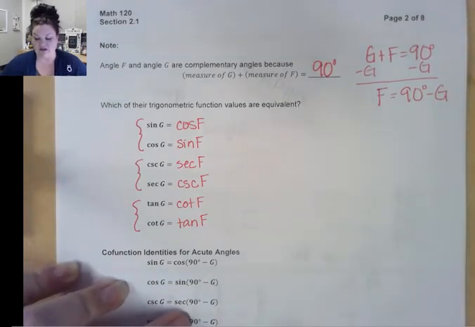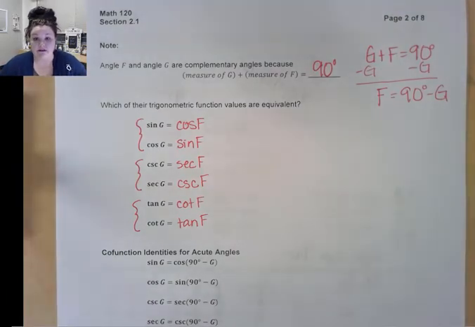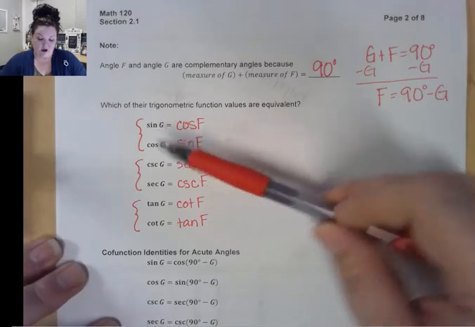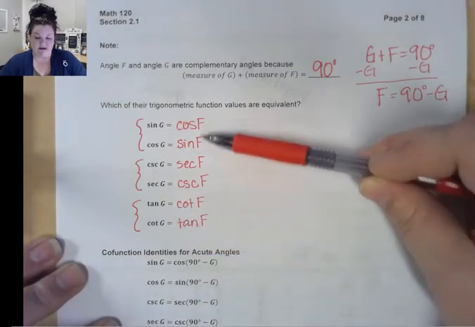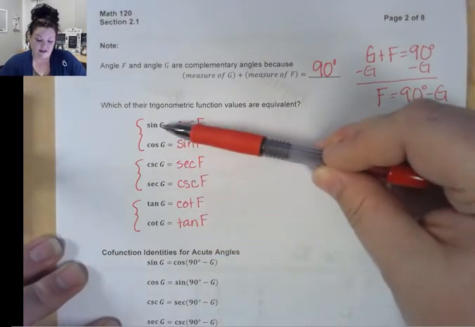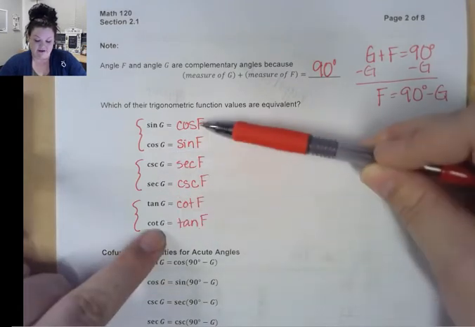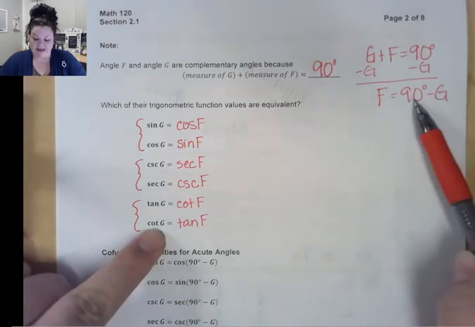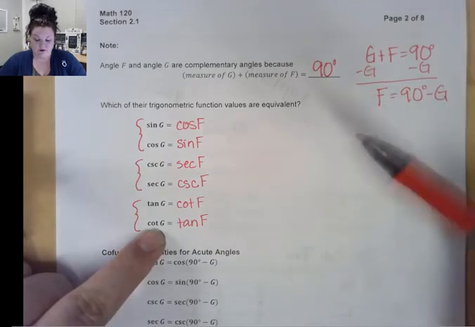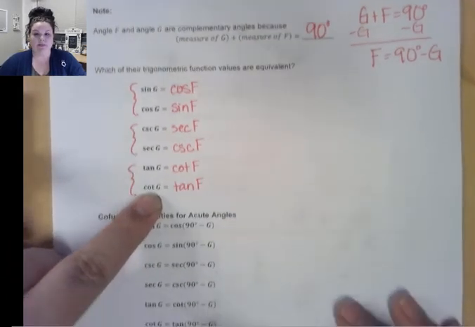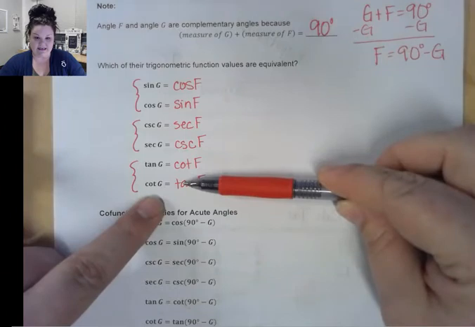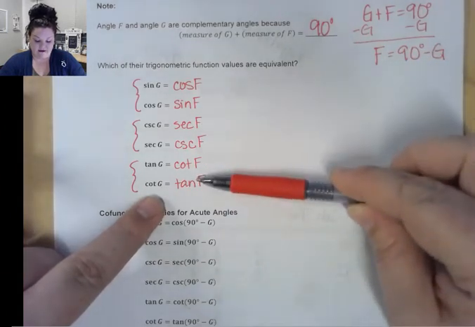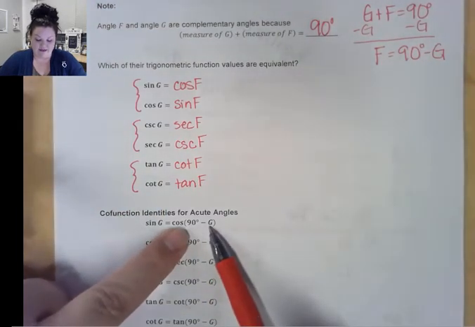So if I knew that G was, say, 20 degrees, I could figure out F by taking 20 degrees and subtracting it from 90, and that would mean F would have to be 70 degrees, right? So instead of writing all of these as angle G and all of these as angle F, if I already know what angle G is, then I can figure out angle F by just doing 90 minus G. So what I have written down here below is all these same identities, but instead of using an F, I just wrote it as 90 minus G, right?